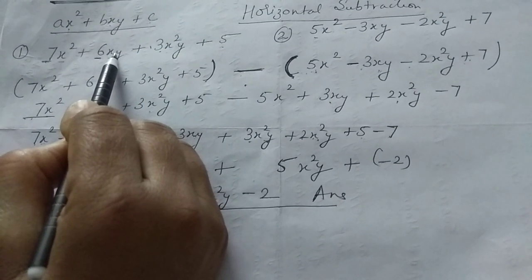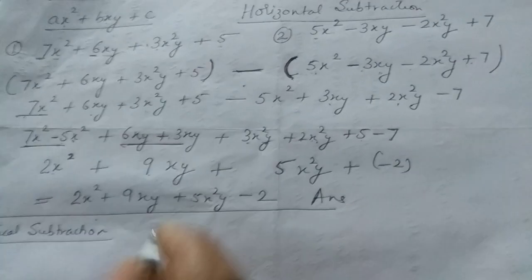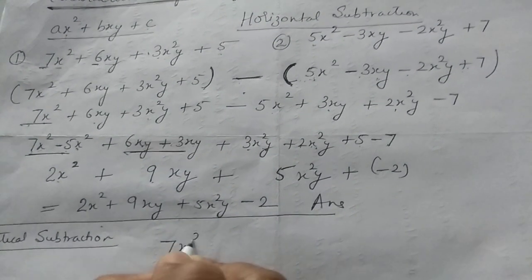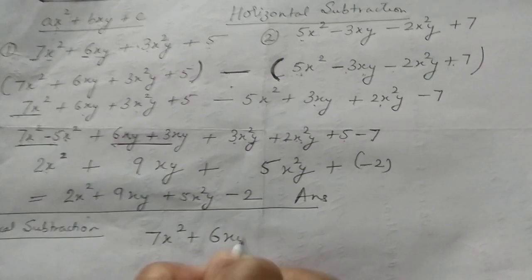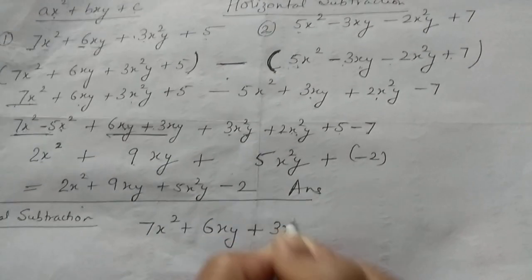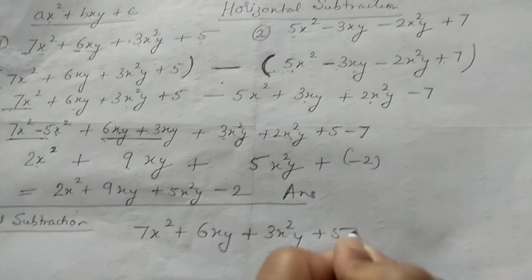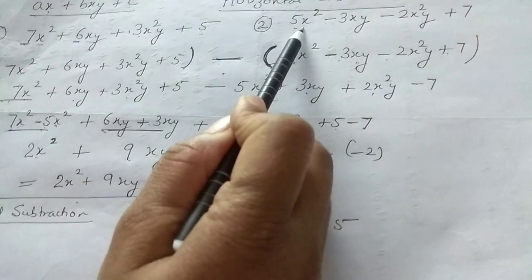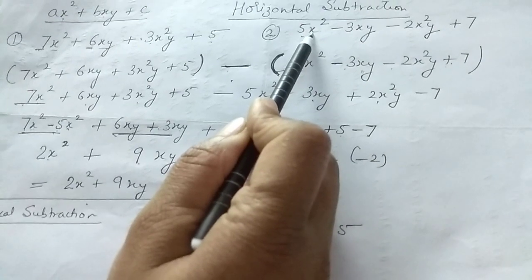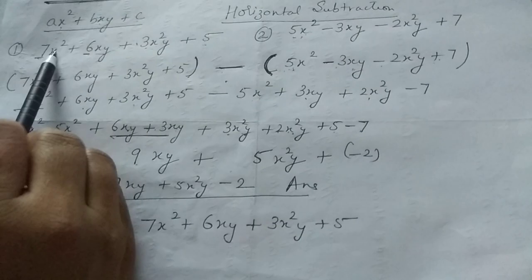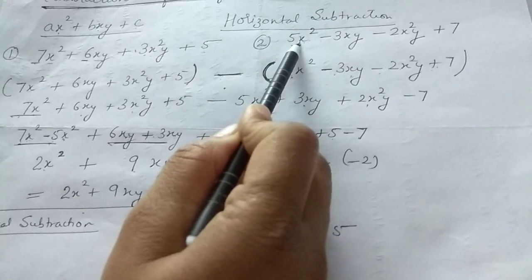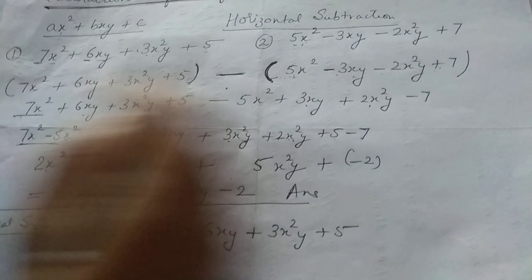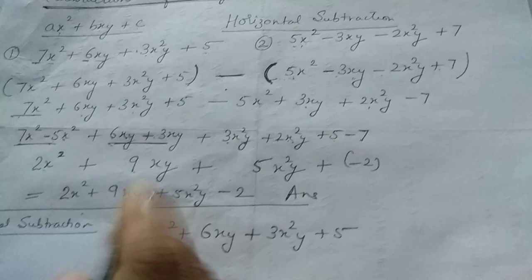So, which expression will be written on the top? First algebraic expression will be written on the top. And just below it will be written the second algebraic expression. But we have to keep in mind that we write the similar literal coefficients one below each other. So below 7x square, what we will write? 5x square.